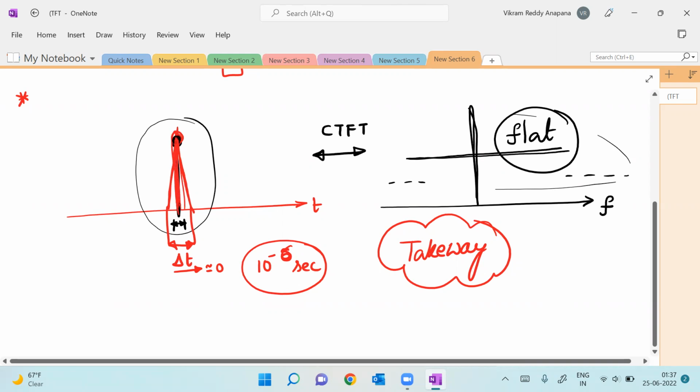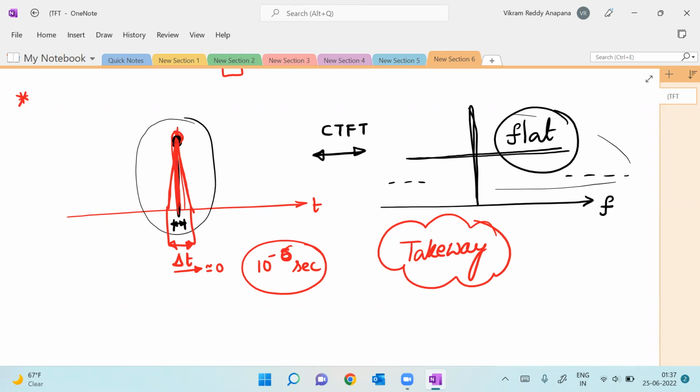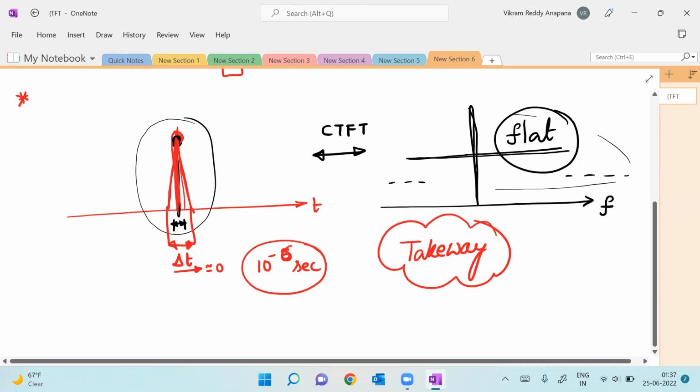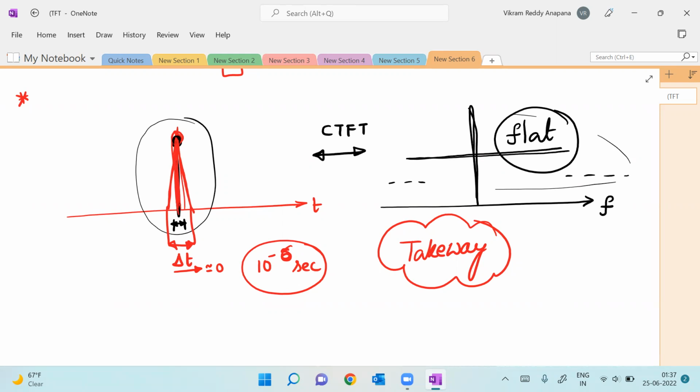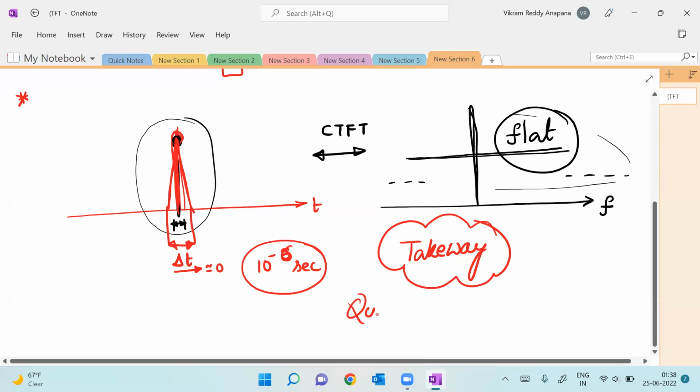It's like a quick change in no time. For example, you're clapping in a room, in no time things have happened, and you are seeing all frequencies in the spectrum. So that's the takeaway: as there is a quick change in the time domain, you will see many frequencies.